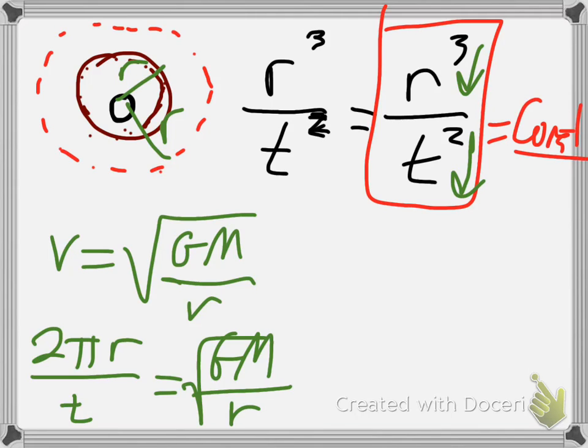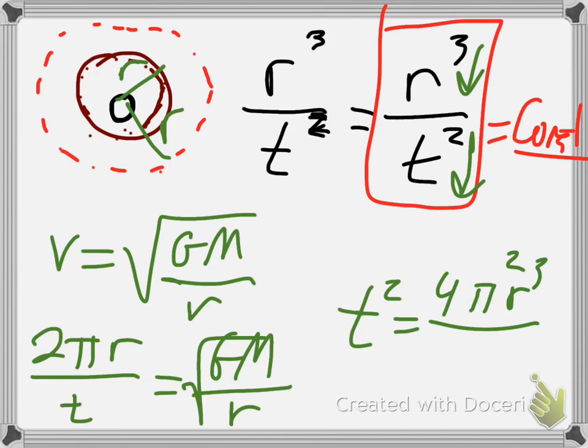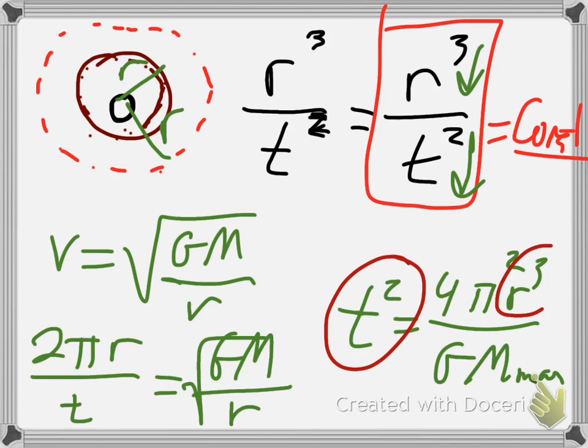And you can rewrite this, square everything, and get all the t's by themselves, and you'll get that t squared equals 4 pi squared r cubed over g times the mass of Mars. And you'll notice that we end up with the same proportionality of this t squared to that r cubed that we dealt with up here.